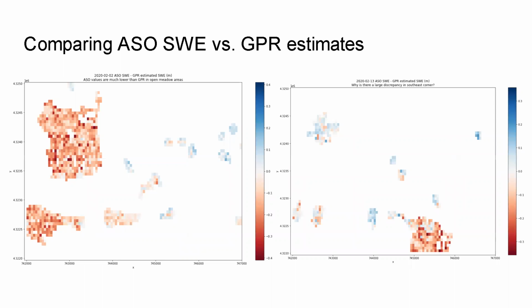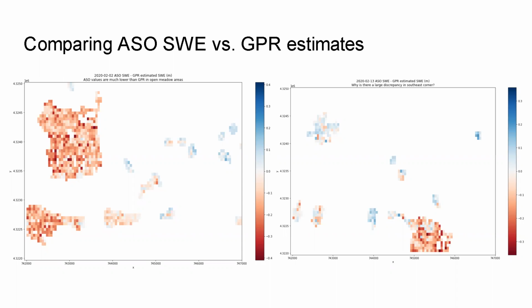Yeah, so after we did some initial scatter plots of the SWE values from the last slide, we were wondering about the spatial variability. So we converted those into rasters and compared them against the ASO SWE rasters.